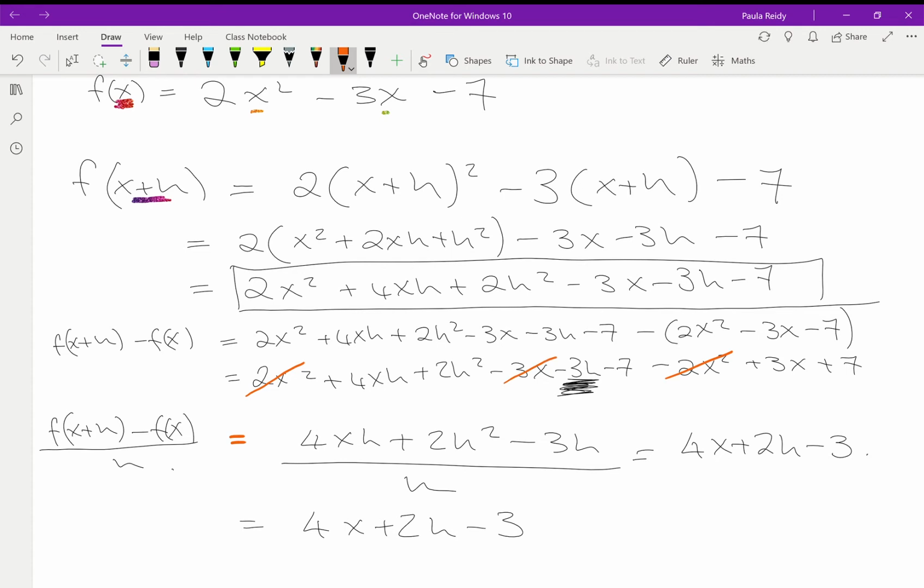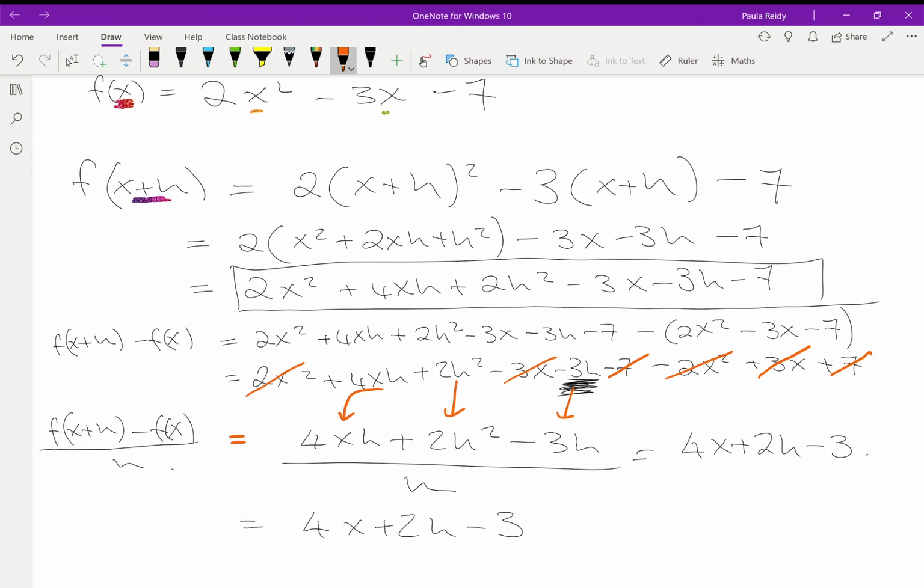Minus 3x plus 3x. Plus 7 minus 7. Okay, now everything that's left gets carried down. So we see we have this coming down, this coming down, this coming down. This is what's left basically.